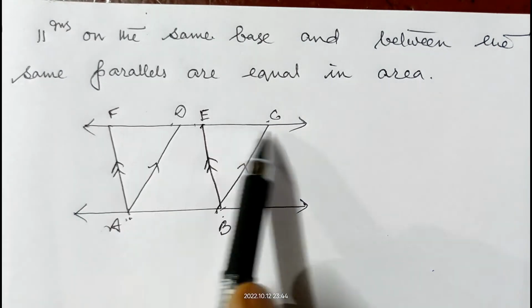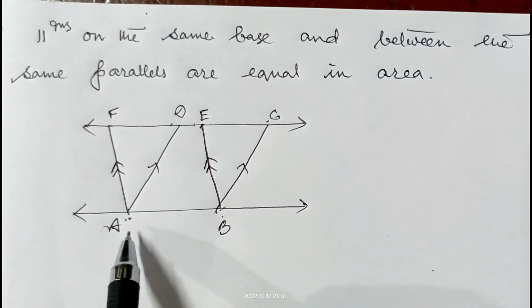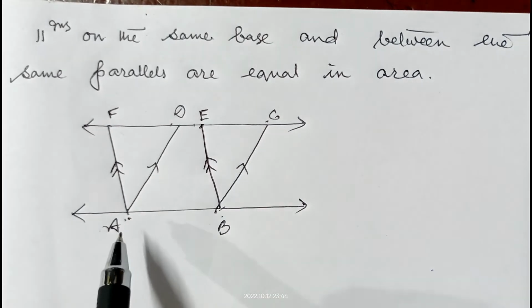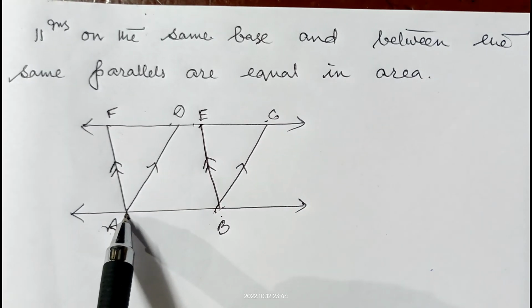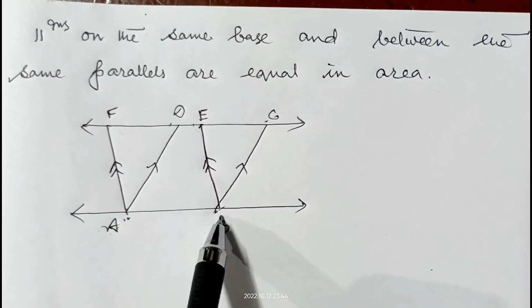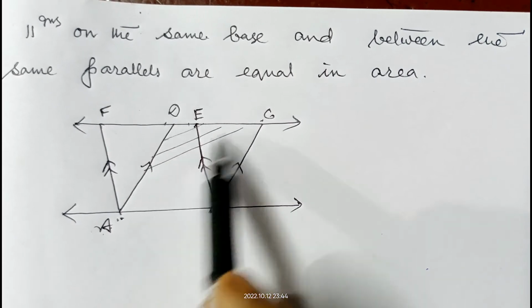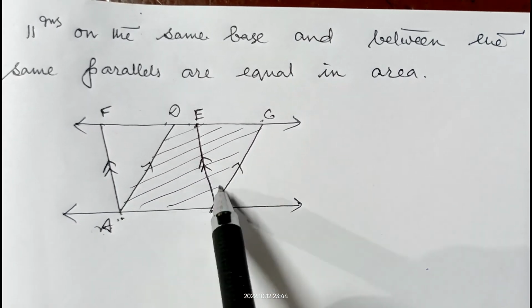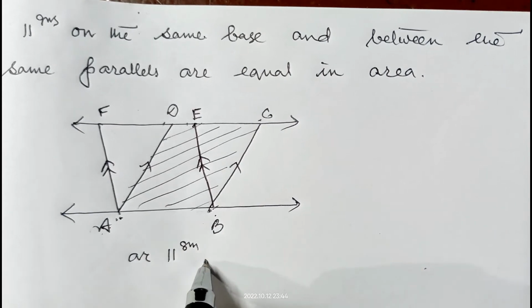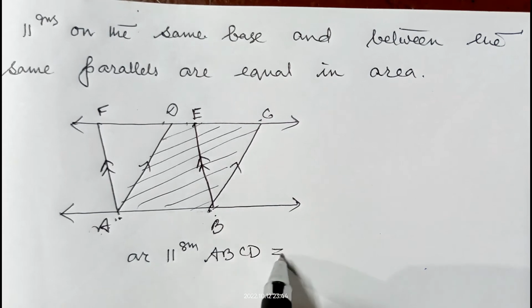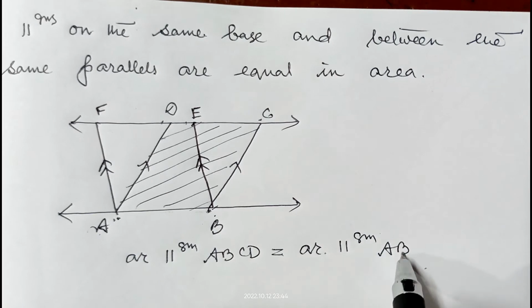Now property number 2 is parallelograms on the same base and between the same parallels are equal in area. Suppose AB and CF are two parallel lines and in between these I have drawn two parallelograms. One is ABCD and another is ABEF. Both the parallelograms are on the same base, that is AB, and between the parallel lines. Then area of parallelogram ABCD will be equal to area of parallelogram ABEF.